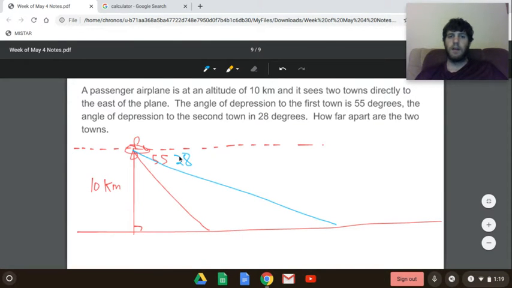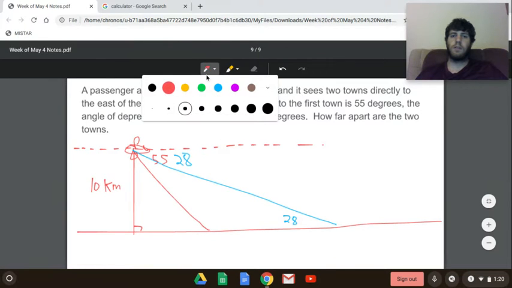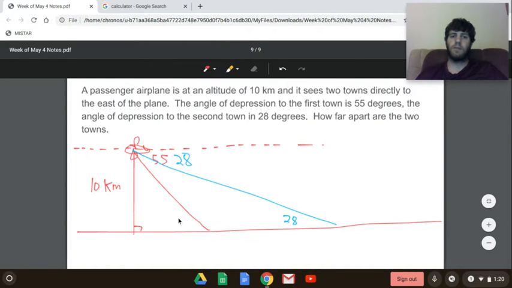Okay. We know alternating these lines would be parallel. The horizontal for the plane is going to be parallel to the horizontal of the ground. So alternate interior angle theorem. So this is going to be 28. Right? And then alternate interior angle theorem again for the 55. So this is going to be 55.